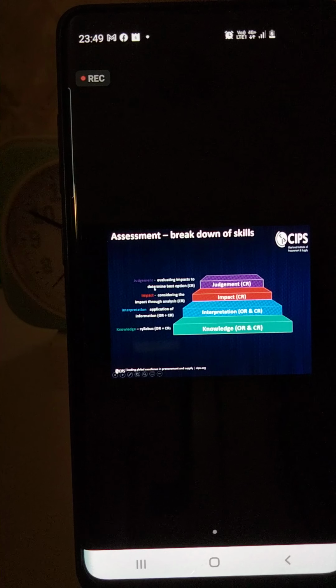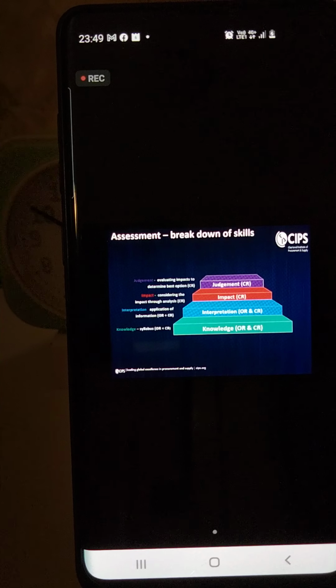So you'll see here in the red area, we're asking you to start to think about considering what happens if you do something, or if you make a particular decision, or make a particular recommendation. What's going to happen? What are the downstream consequences that you might need to consider or highlight as part of your answer? So thinking about the impact is really important in your CR exams, and I've got some strategies to help you make sure that you always hit those impact marks later.